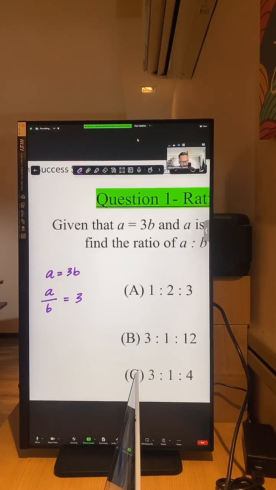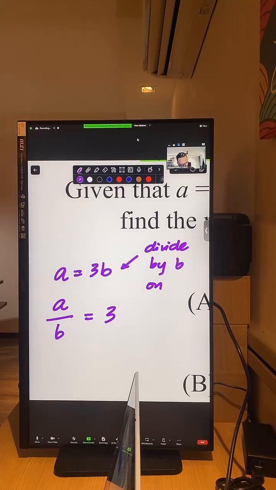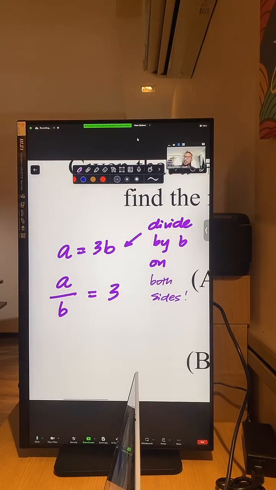If you know your algebra well enough, you know that if A equals 3B, I can divide by B on both sides. Okay, I'm going to write that down here. Divide by B on both sides, and then you'll get A over B equals 3.